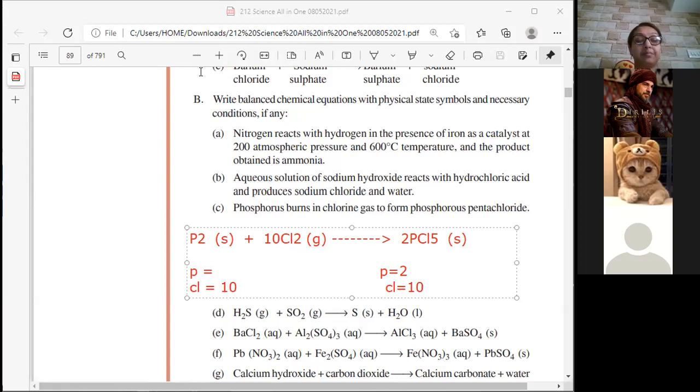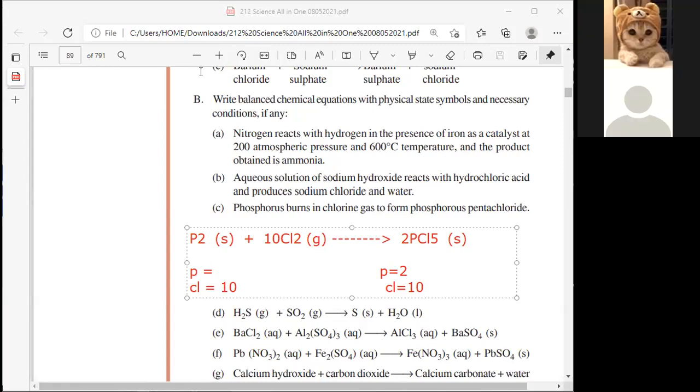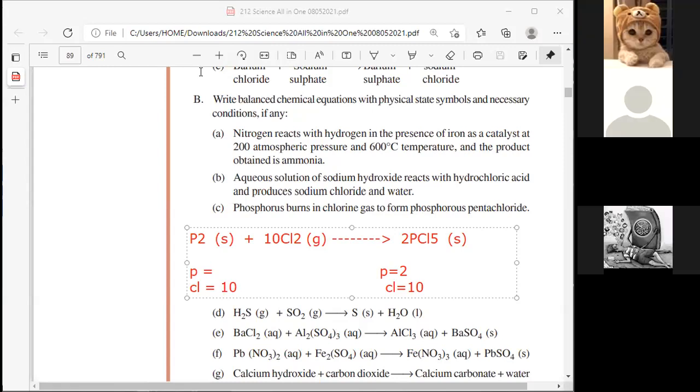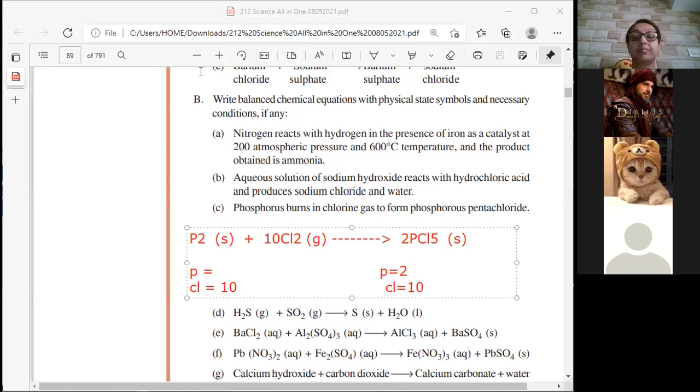Safia? Teacher, we are not supposed to write numbers in front of the element, right? See, it is one and the same. If you write it here as 2P also, it's one and the same, because 2 times 1 is going to be 2 and 1 times 2 is going to be 2.